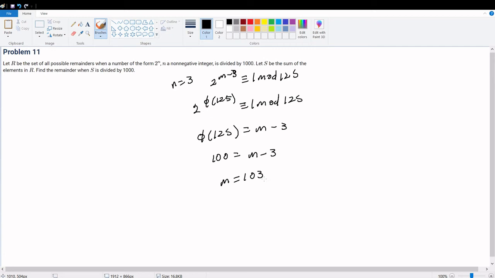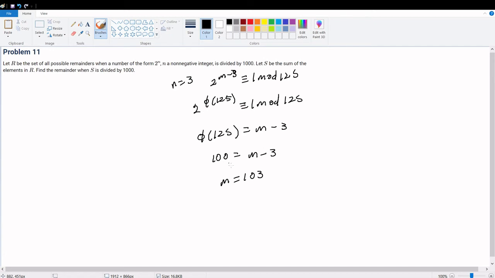And 2 is relatively prime to 125, meaning that the powers of 2 mod 125 have exactly 100 values, and that's why this equation works. It makes sense.